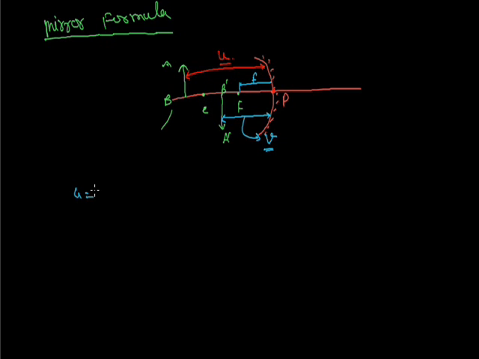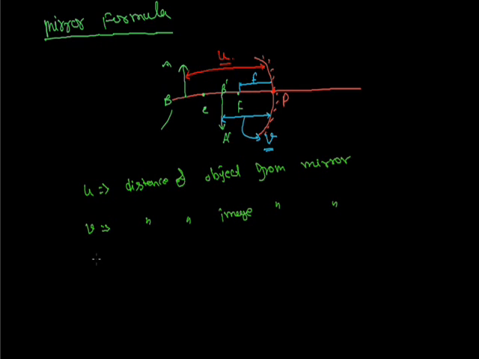So U represents the distance of the object from the mirror, V represents the distance of the image from the mirror, and the third one is F, which represents the distance of the focus from the mirror, also known as the focal length.